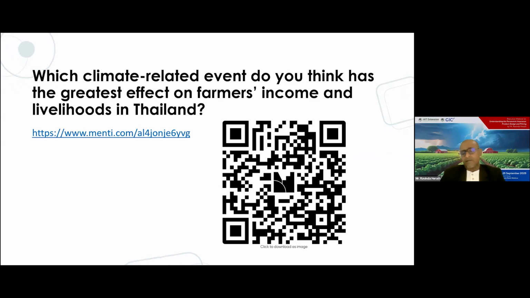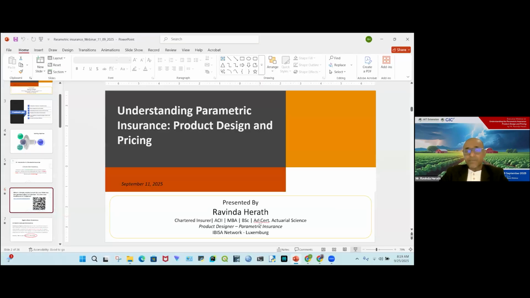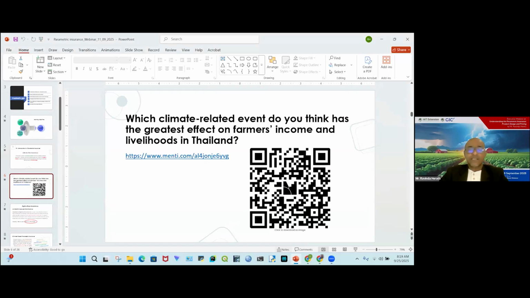If you have access, you can scan this code, or you can use the link in the chat box. Give me your honest thought on this. What is the greatest climate-related event you think has a great effect on these farmers? I would like to go to the presentation slide of these answers.